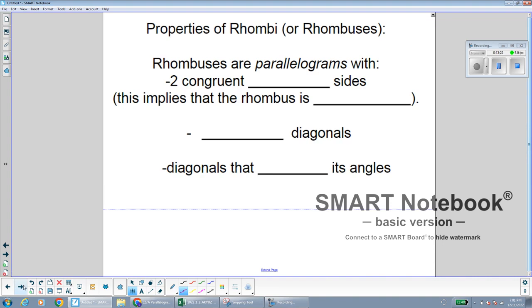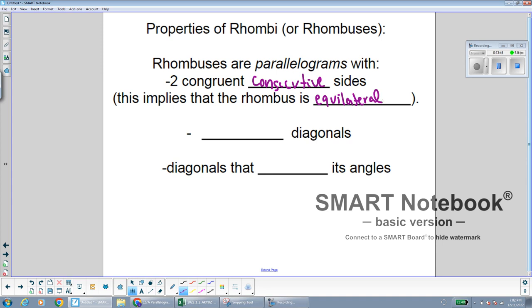So here we have our extra special properties of rhombuses that make them more special than just regular parallelograms. Rhombuses are parallelograms with two congruent consecutive sides. And as we just saw, this implies that the rhombus is equilateral, because it means all the sides are equal.